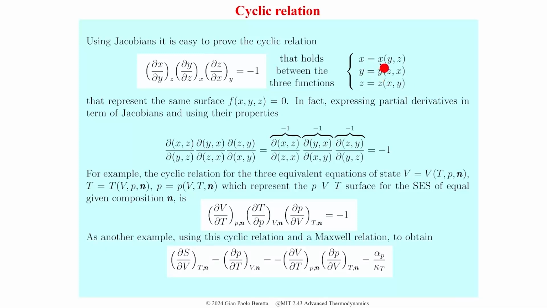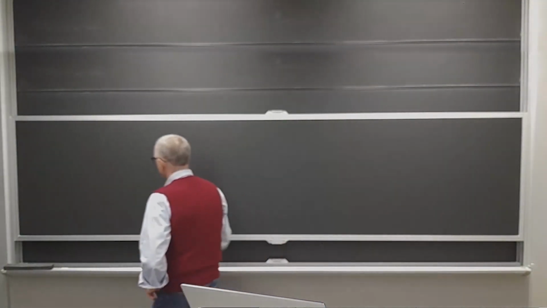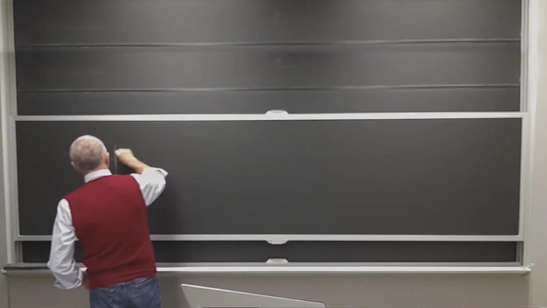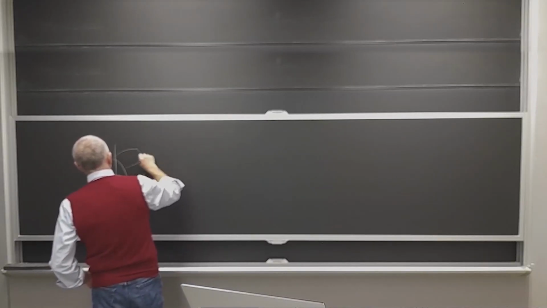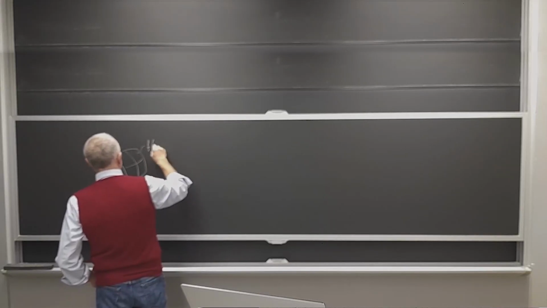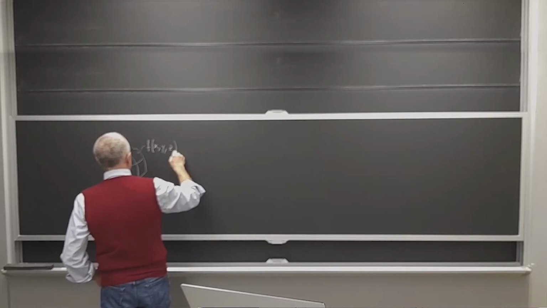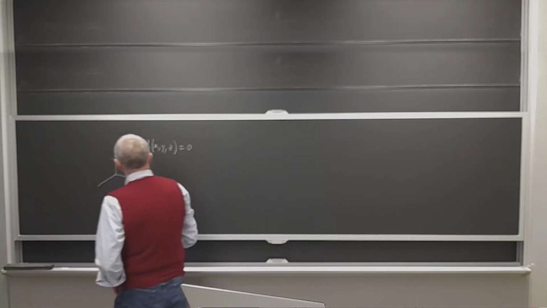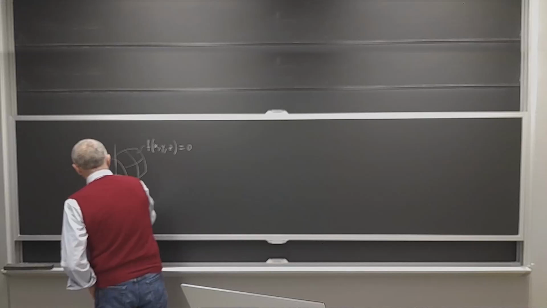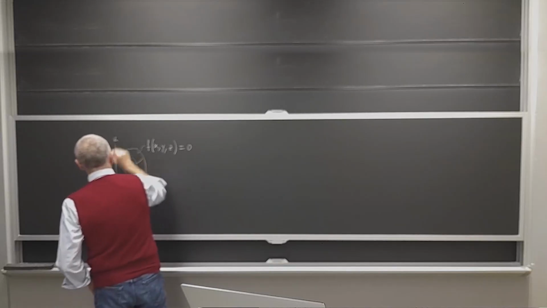Z as a function of x and y. Now, you see what I'm saying? If I have this surface here, which is f of x, y, z equals 0, I can represent it, suppose this is x, y, and z.